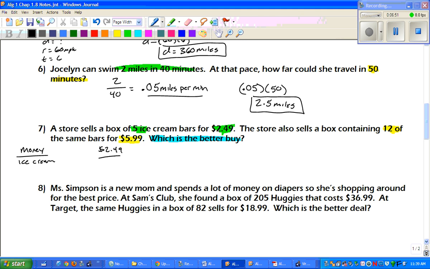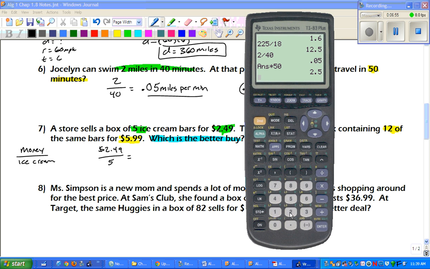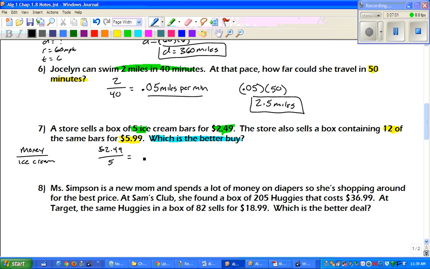So 2.49 divided by 5 equals 0.498. And if we round that up, we get 50 cents.